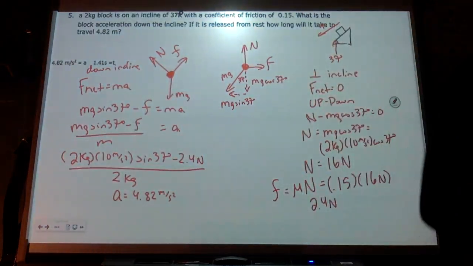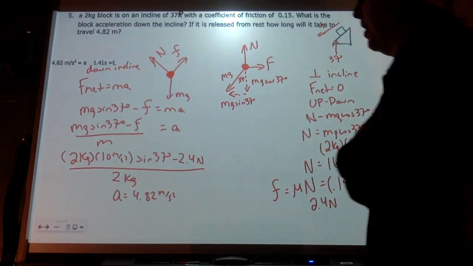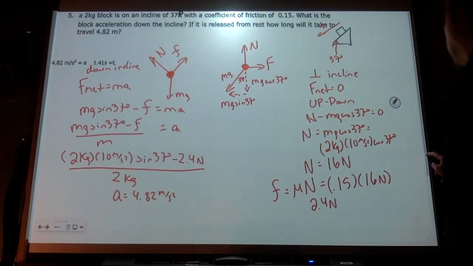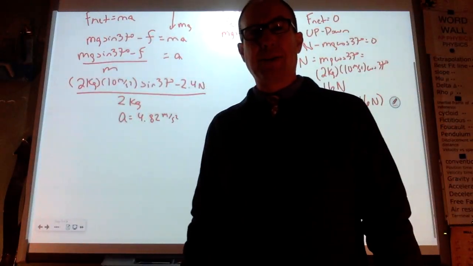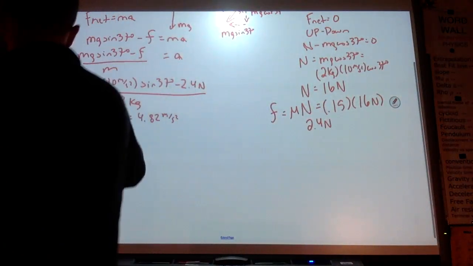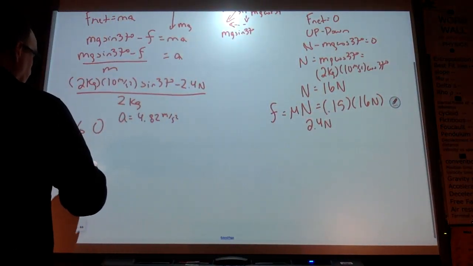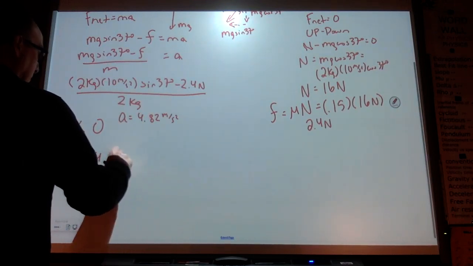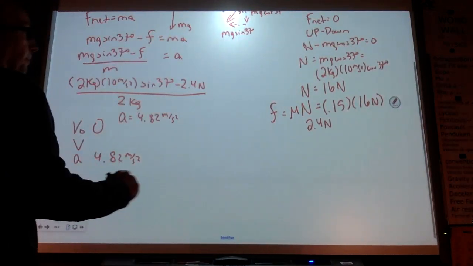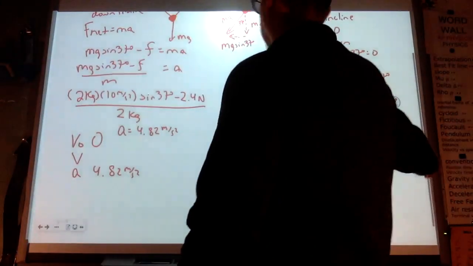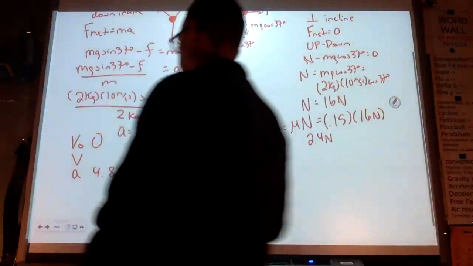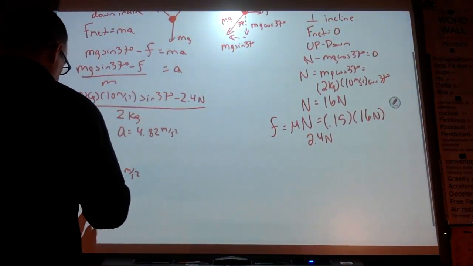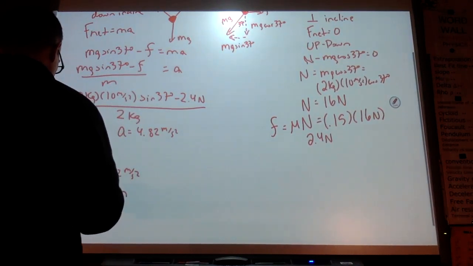All right, now to find out how long it takes, I need to make a chart. And I want it to go 4.82 meters, which seems like a weird distance. I don't know why that is. Again, I'm going to assume it goes from rest. And my distance is the same as the acceleration. I guess that's what I was getting at.